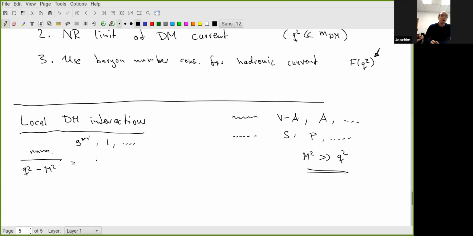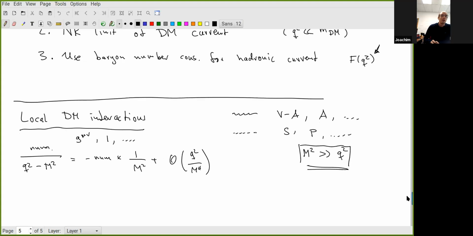We write this as the numerator times 1 over minus m squared, plus corrections that are suppressed by q squared over m squared, and higher. So we can always make this approximation if this condition is satisfied.